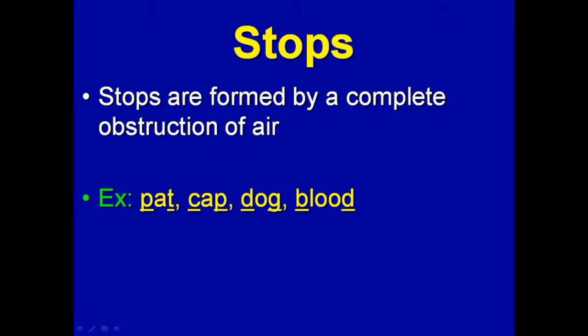The air is being stopped, obstructed completely by the speech organs. This is the case of p and t in pat, k and p in cap, d and g in dog, b and d in blood. In all the underlined consonants, we need to stop the air momentarily. Okay.